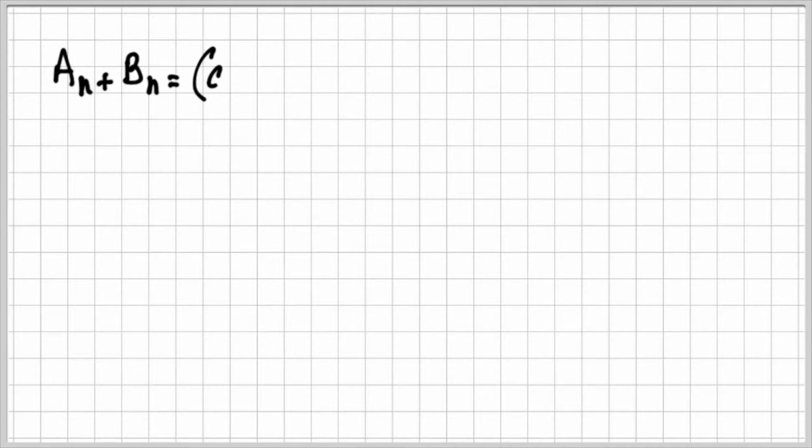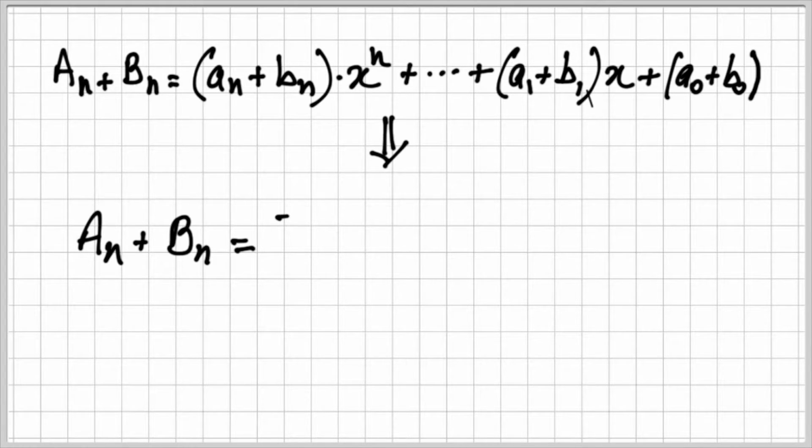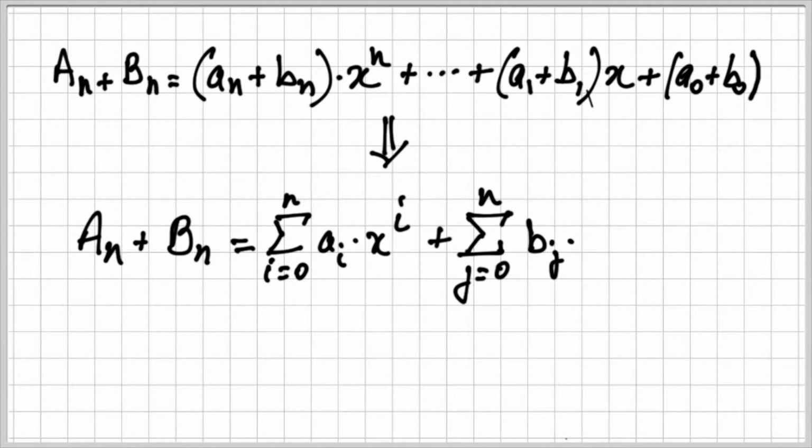We can also write this in a different way, because we can use the summation notation of the two polynomials, and it will give us the expression that the sum of those two polynomials is equal to the sum starting from i equal to 0 to n, a index i multiplied with x to the power i, plus the summation of j starting from 0 to n of b index j multiplied with x to the power j.